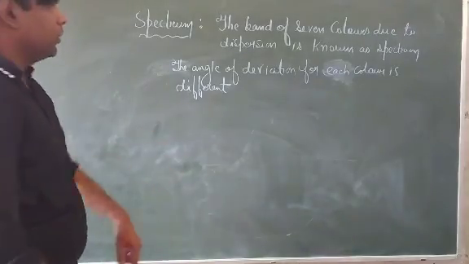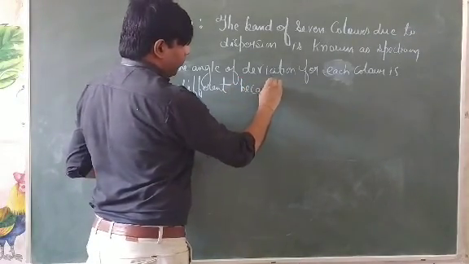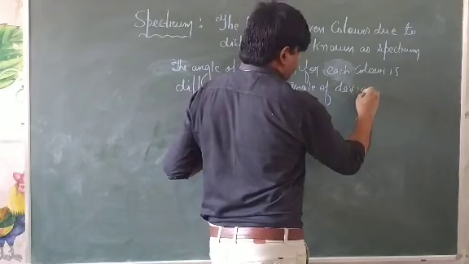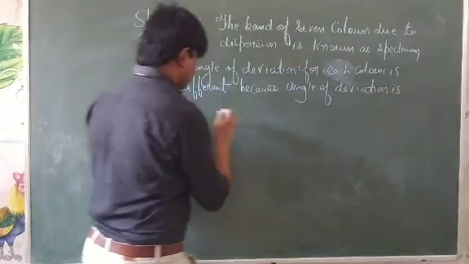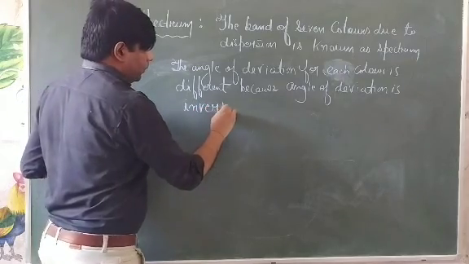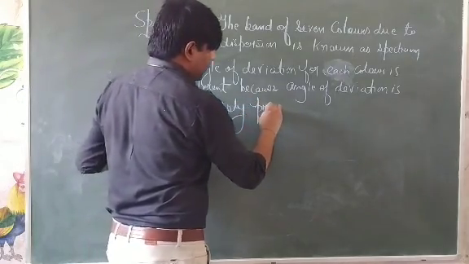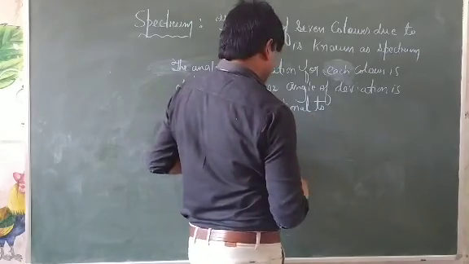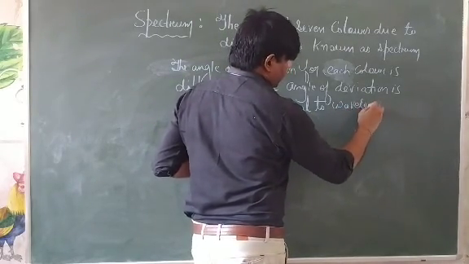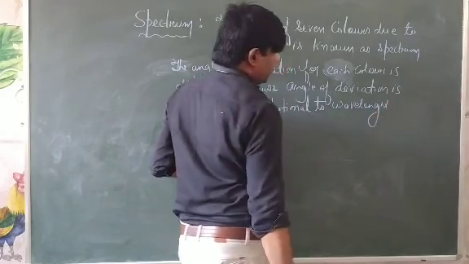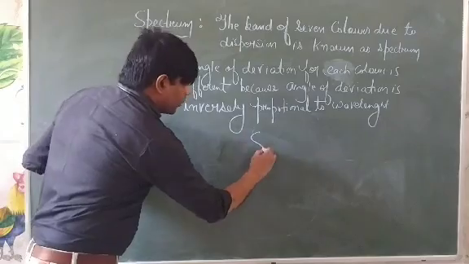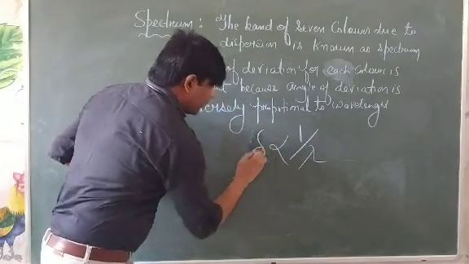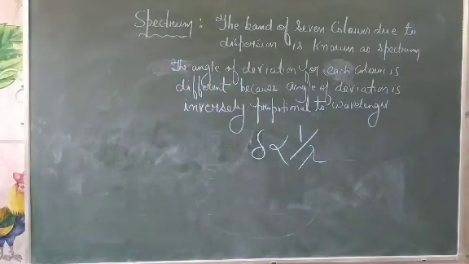The angle of deviation for each color is different because the angle of deviation is inversely proportional to lambda, that is, the wavelength, because here we are talking about light as a wave.